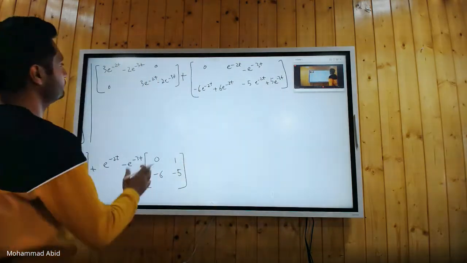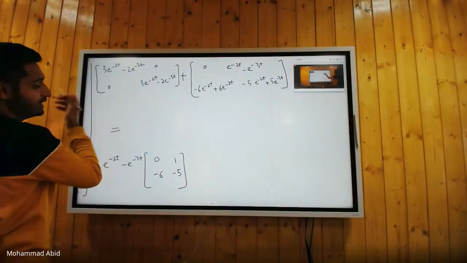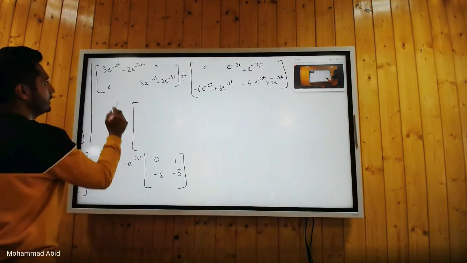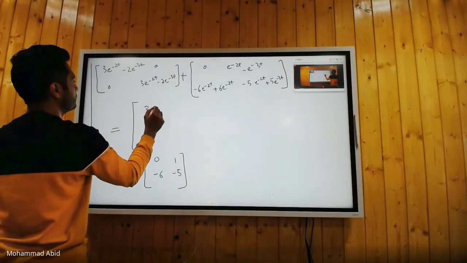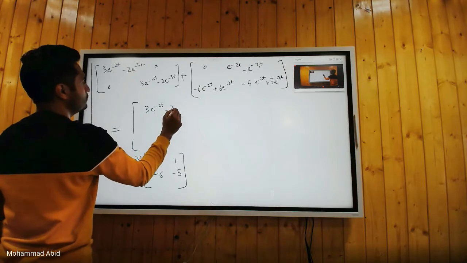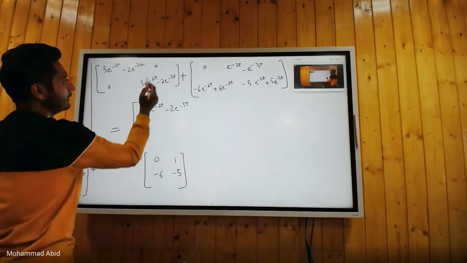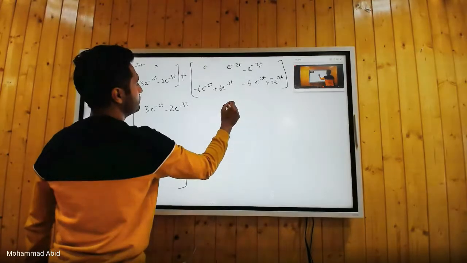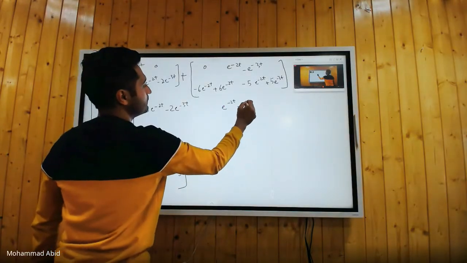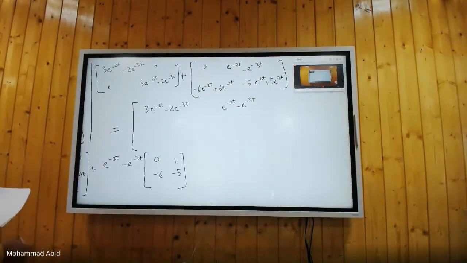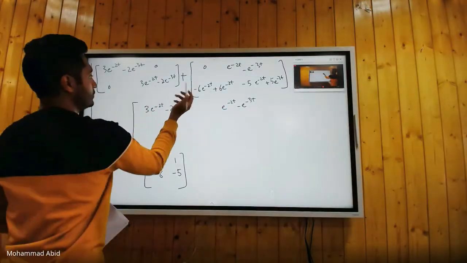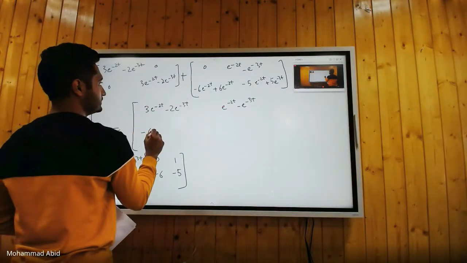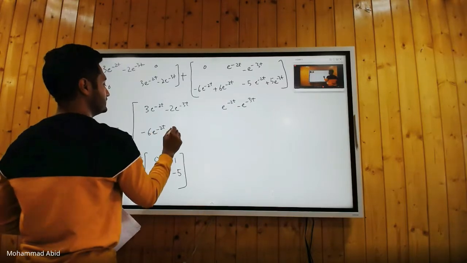This takes a little bit of exercise. So do the addition. This plus 0 is 3 e to the power minus 2t minus 2 e to the power minus 3t. 0 plus this thing is e to the power minus 2t minus e to the power minus 3t. 0 plus this is again this. Minus 6 e to the power minus 2t plus 6 e to the power minus 3t.